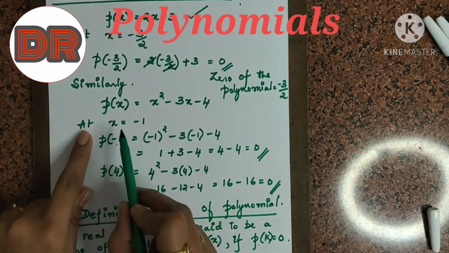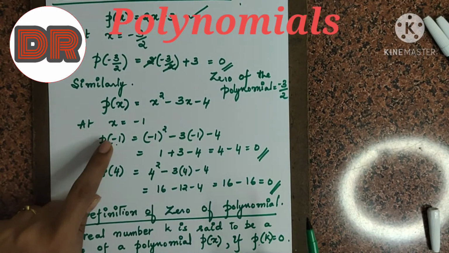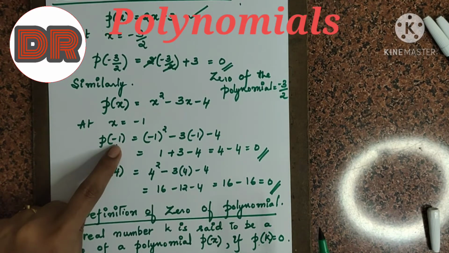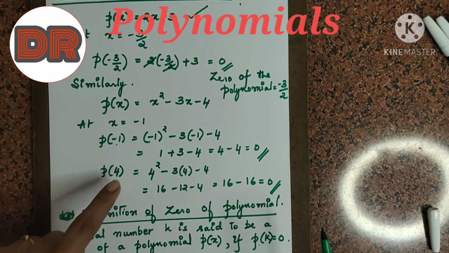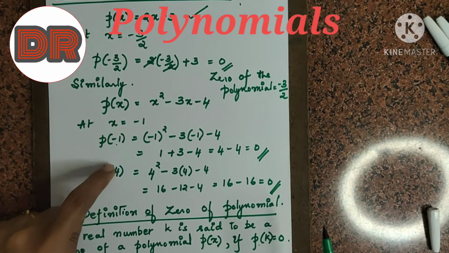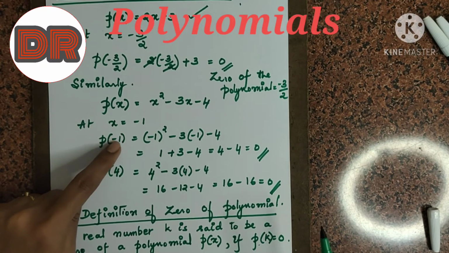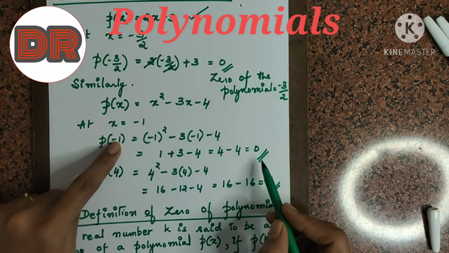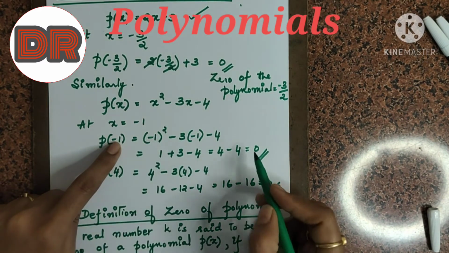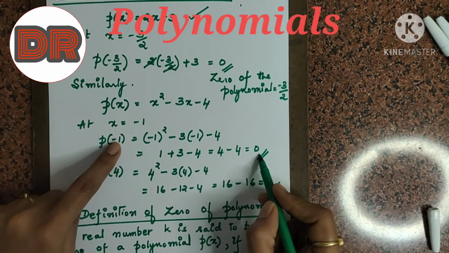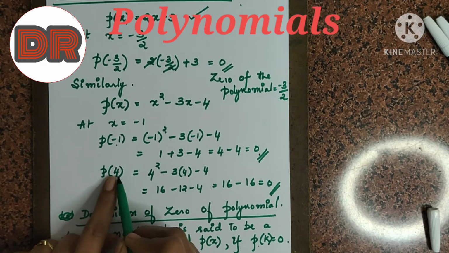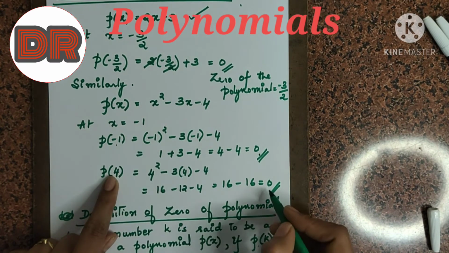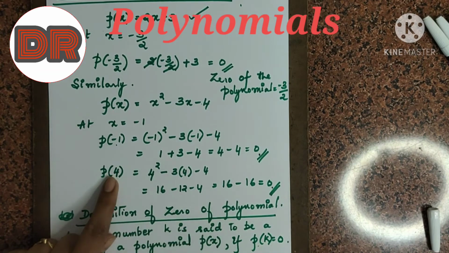Similarly, this is a quadratic polynomial. So what are the zeros of the polynomial here? So zeros of the polynomial are minus 1 and 4. Why are these the zeros of the polynomial? Because when I substitute minus 1 in the polynomial, I will be getting 0 as the value of the polynomial, and also when I substitute 4 in the polynomial, I will be getting 0 as the value of the polynomial.